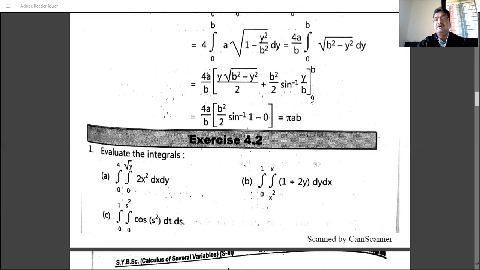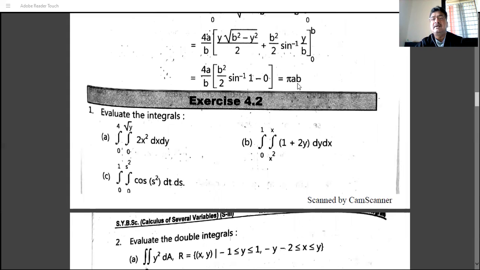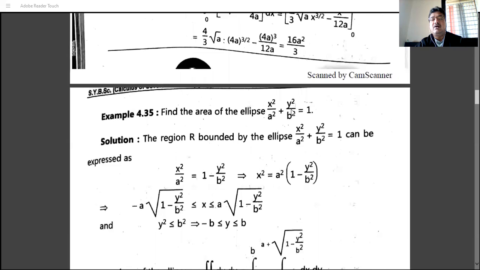Minus, if you now substitute y as 0, then this term is 0 and this term is also 0, because sin inverse 0 by b is sin inverse 0, and sin inverse 0 is 0. So the value at the lower limit of this bracket is 0, and sin inverse 1 is pi by 2, and therefore we have pi ab. Okay, this is the answer for the area of this ellipse.